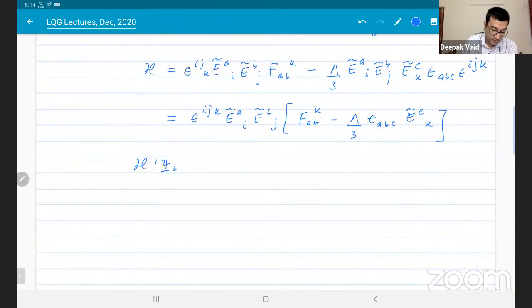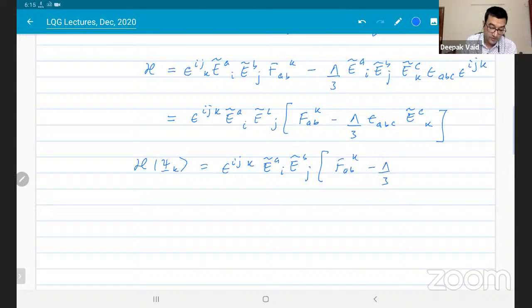When I act on this psi_K with this expression, I make this the momentum operator, so it becomes a derivative with respect to the connection, but I only need 1 of these factors. The other 2 factors I can leave as they are.